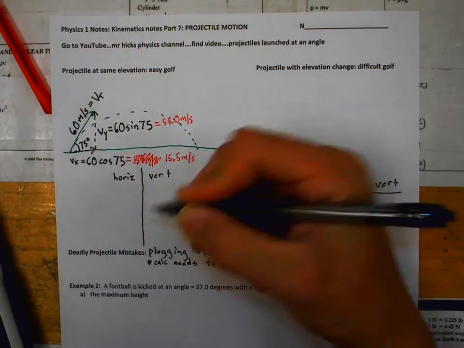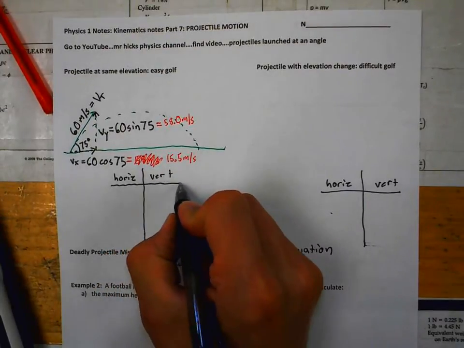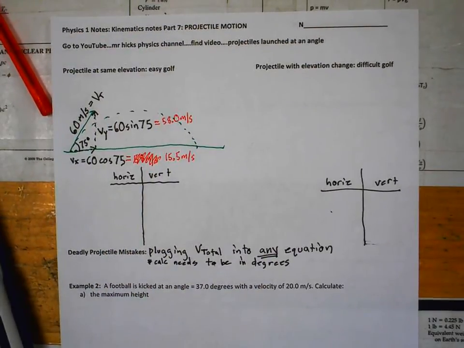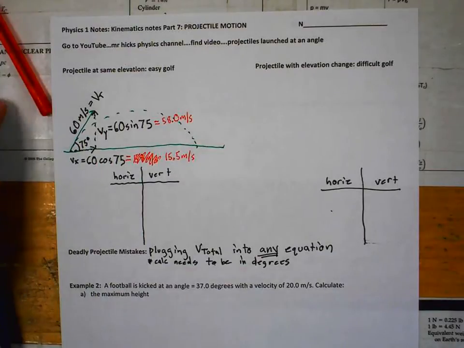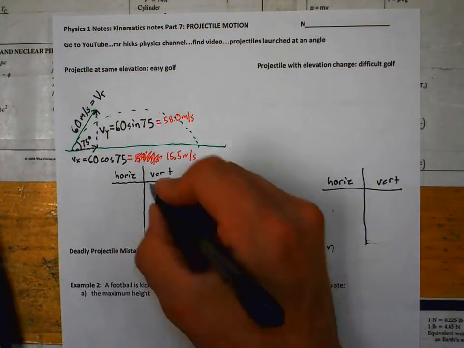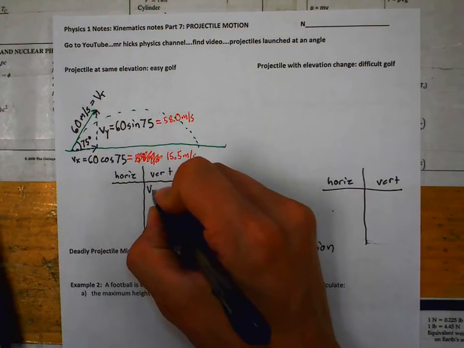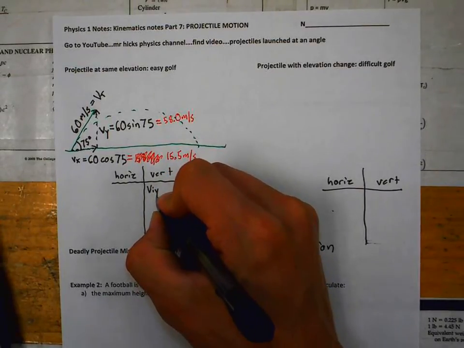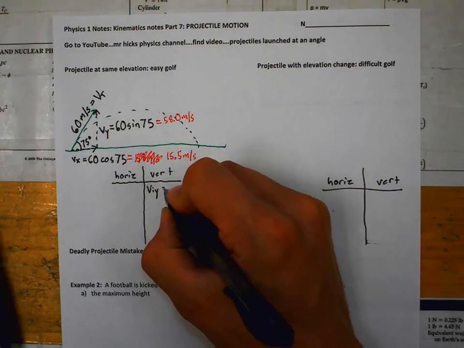This isn't an actual problem. We're not actually asked to find anything here. But let's classify what we know. Vertically, we are going to call the V initial in the y direction 58.0.